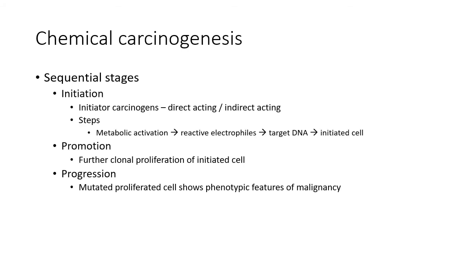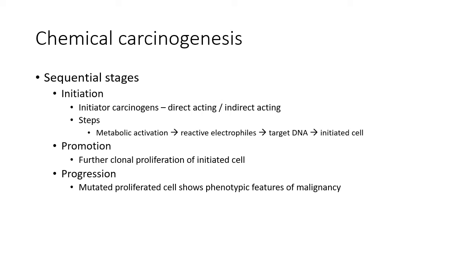First, let's see chemical carcinogenesis. The process by which chemicals cause cancer is divided into three sequential stages: initiation, promotion, and progression. Initiation is the first stage, and it is induced by initiator chemical carcinogens.